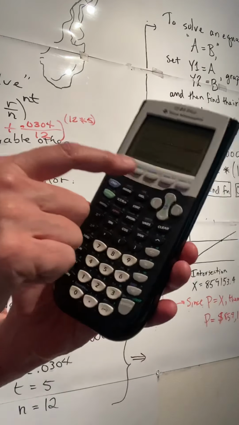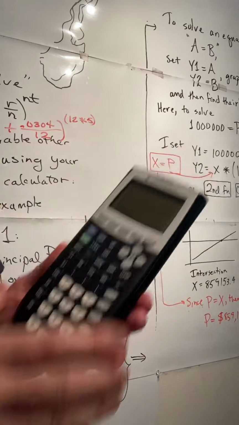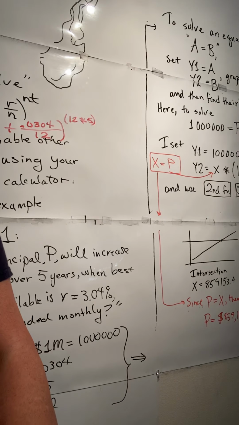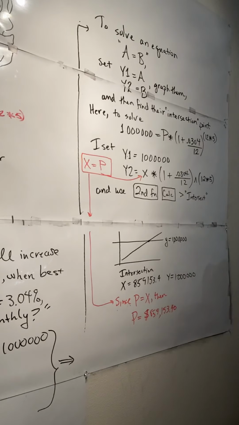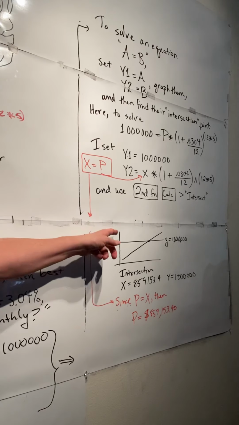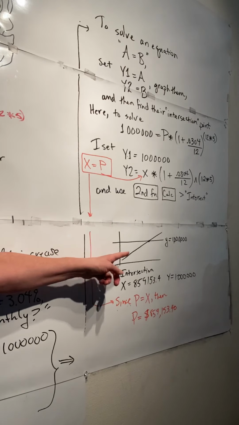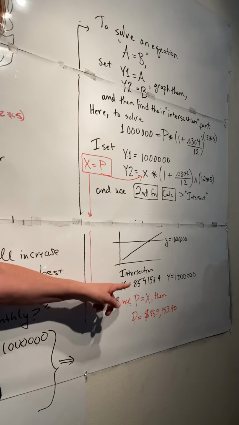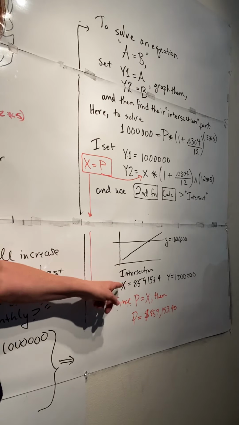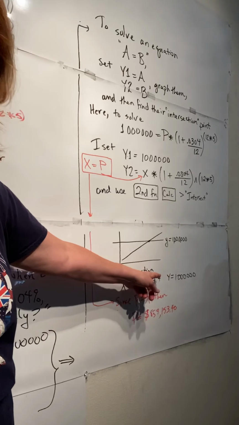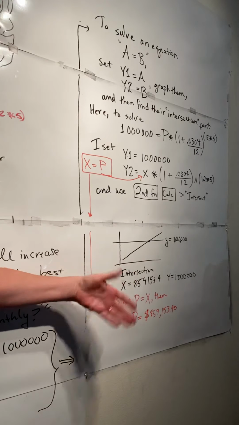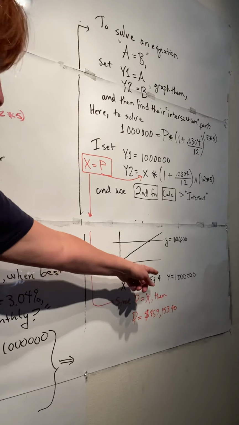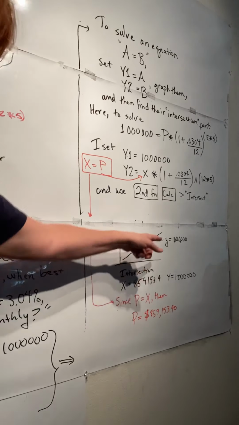It says intersection, and then it gives you X and Y. So let's look at the results that I've already written down here. Underneath the graph, it says intersection. It's saying X is equal to 859,153.4, Y equal to 1,000,000. That's not surprising that Y is equal to 1,000,000, because that is the horizontal line where Y is always equal to 1,000,000.